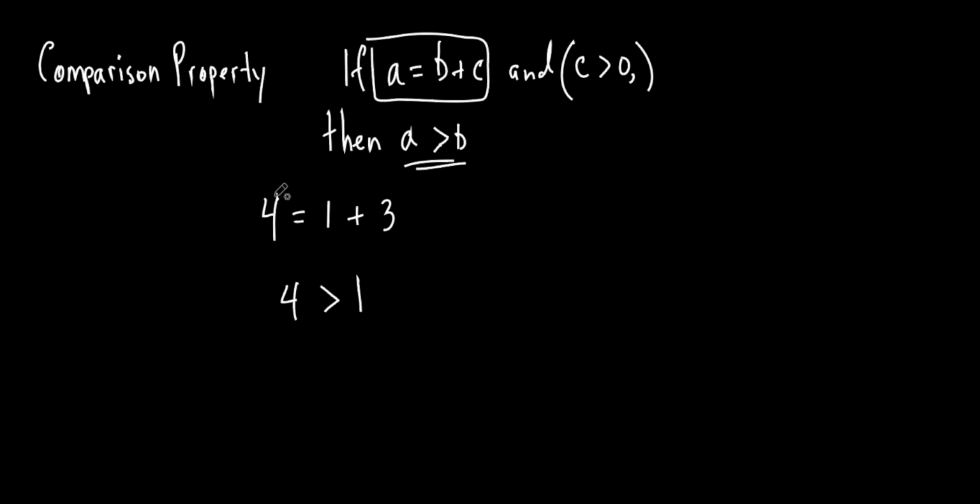I took this and I added it to this. So that must mean the whole thing has got to be bigger than the parts that make it up. Do you hear me? The whole thing has got to be bigger than the parts that make it up.